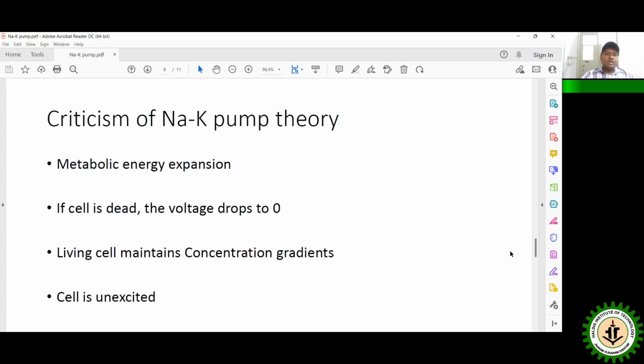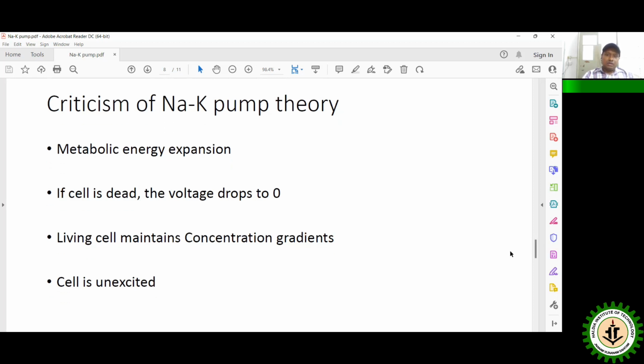And the cell is unexcited. Unexcited means the cell has not been given any stimulus. The cell is naturally maintaining its 90 millivolt, so the sodium potassium pump is maintaining its natural rhythm and course.